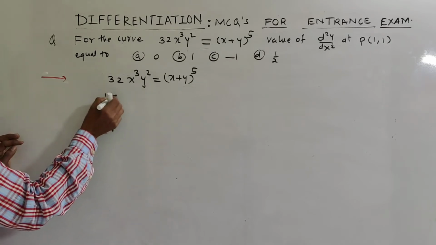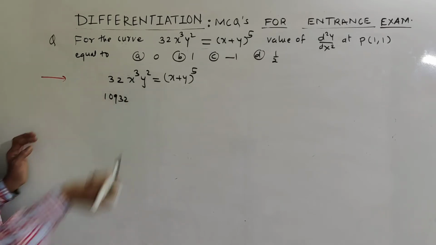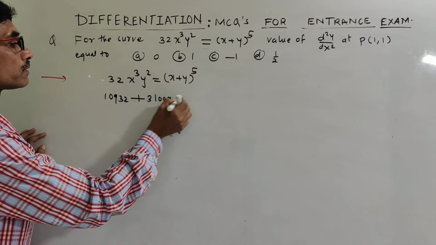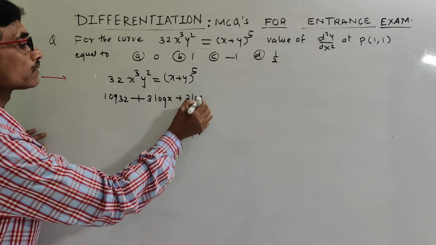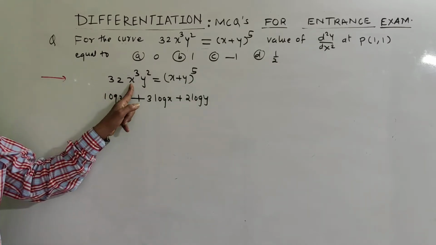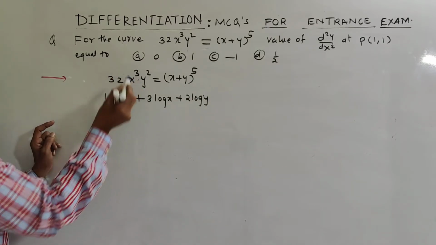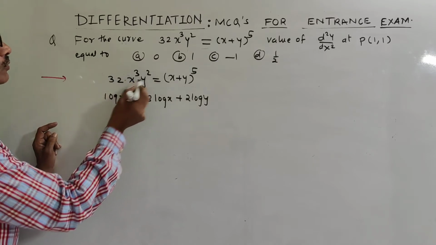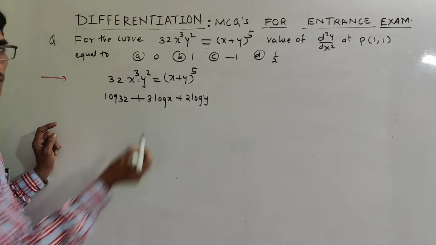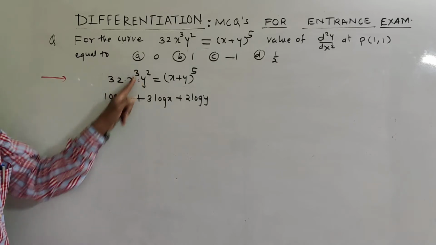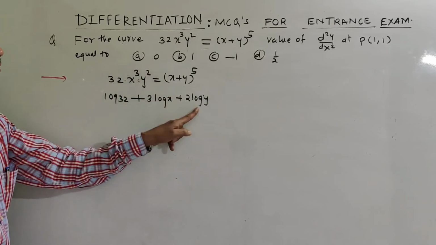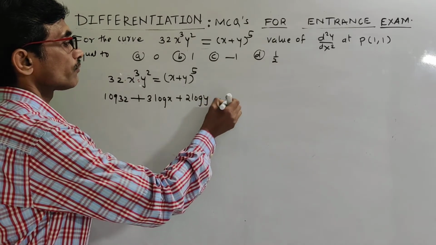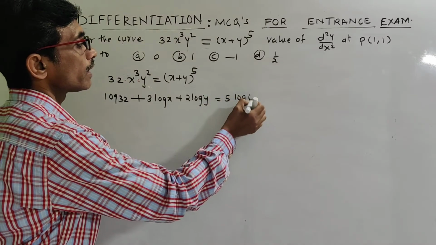It will be log of 32, which is constant, 3 log of x, 2 log of y, because log of m into n into p is log m plus log n plus log p, and cube is there, so 3 log x, 2 log y, and the right hand side is 5 into log of x plus y.